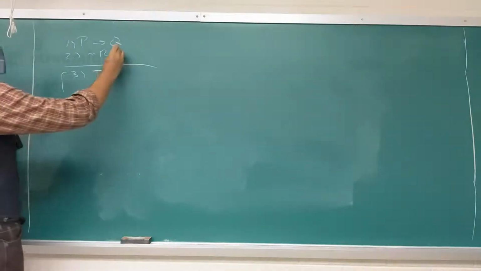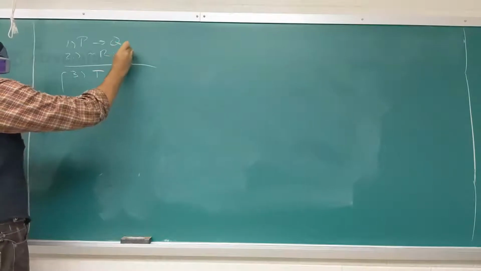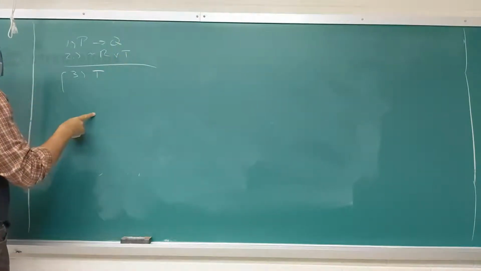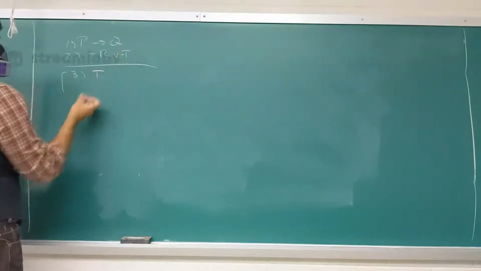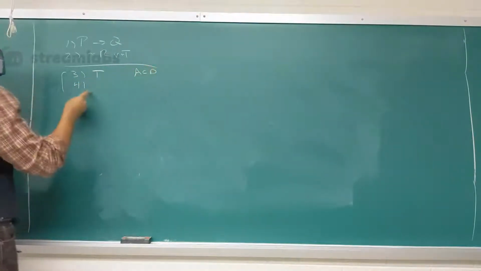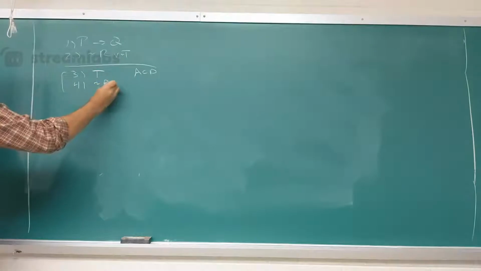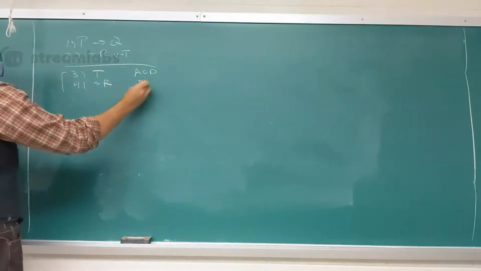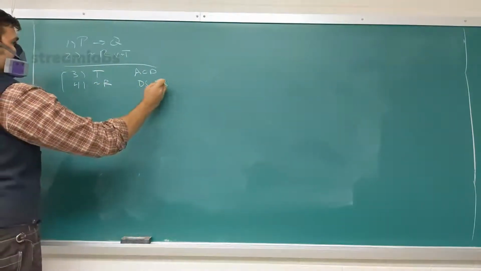Well, let's say R or T, and not T. I assume T, and I derive from that not R, from a disjunctive syllogism on 2, 3.